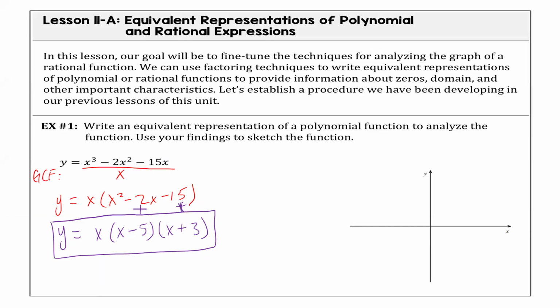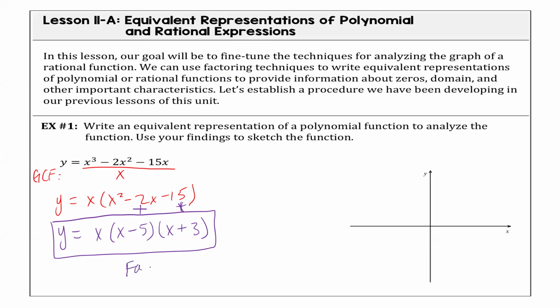The reason why we like the factored form is because from the factored form, I'm able to identify important information. And that important information is called my what? What does it help me find? My zeros. The factored form helps me find my zeros.